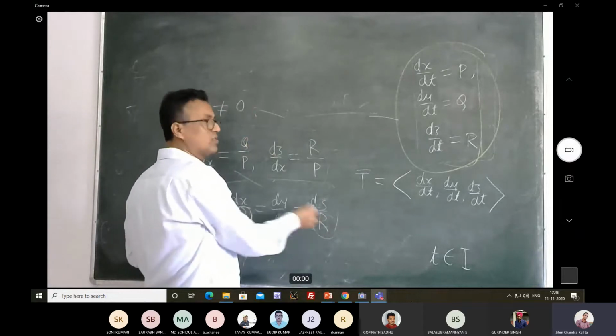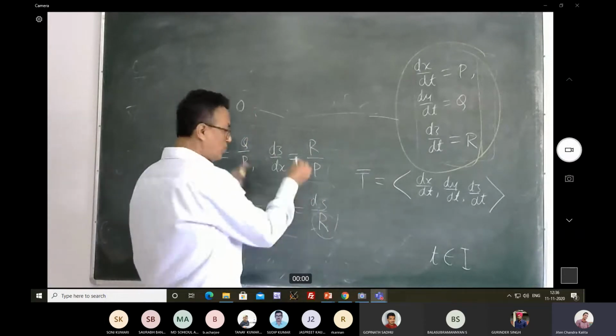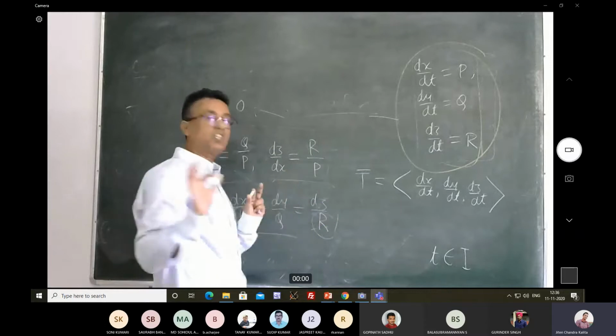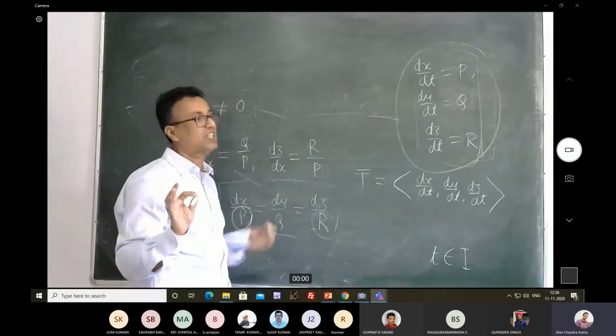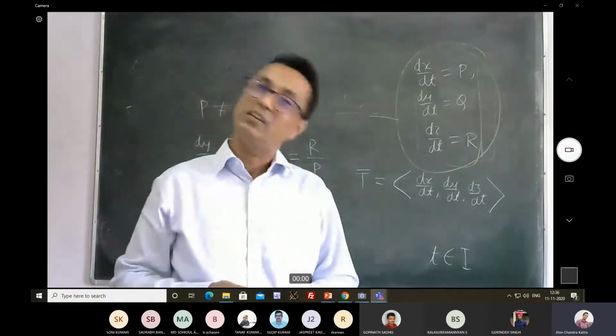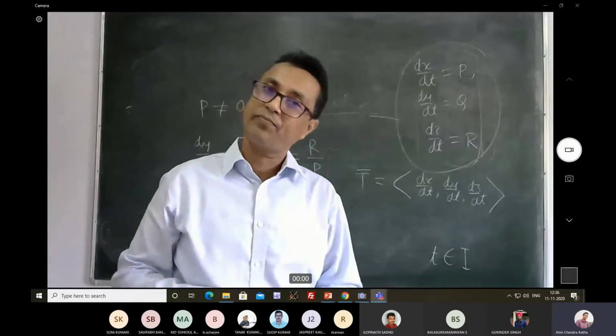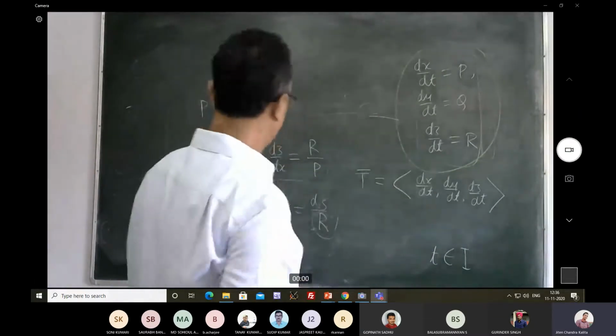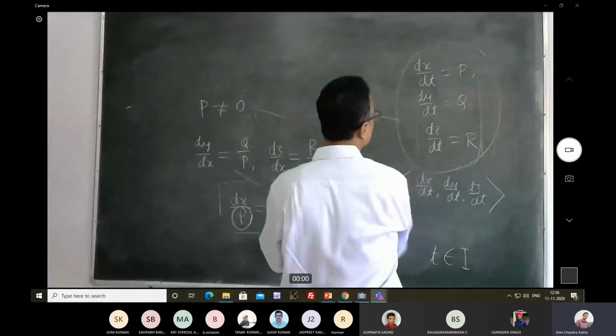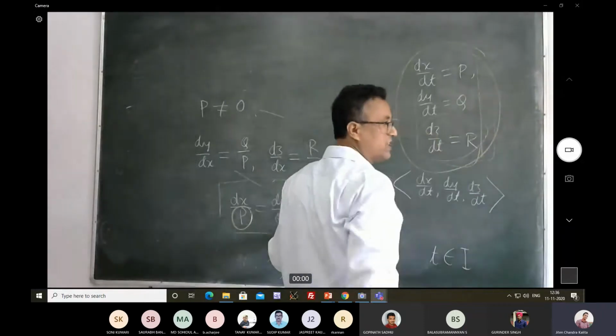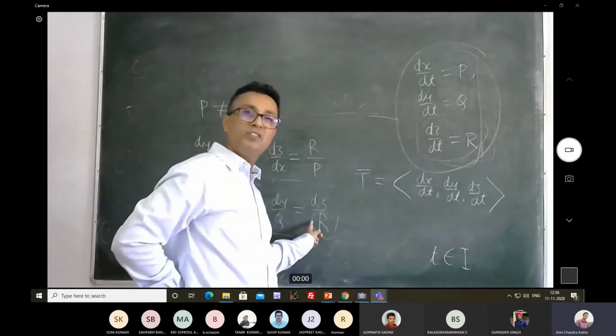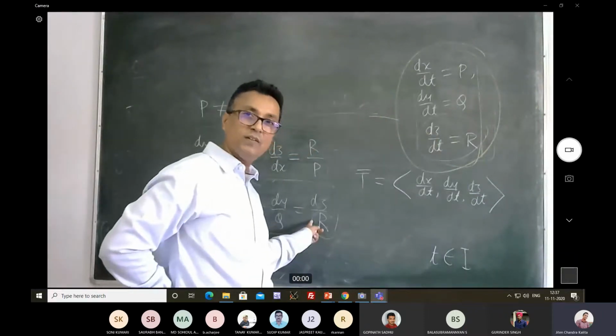If this is 0, in order to solve this, you can adjust accordingly. Basically that is going to give you z equal to constant. Because if you look at this, suppose r equal to 0, from here itself you know that z equal to constant.